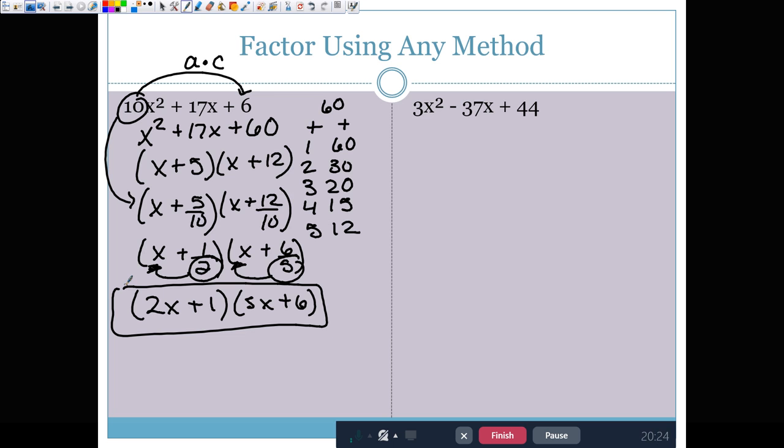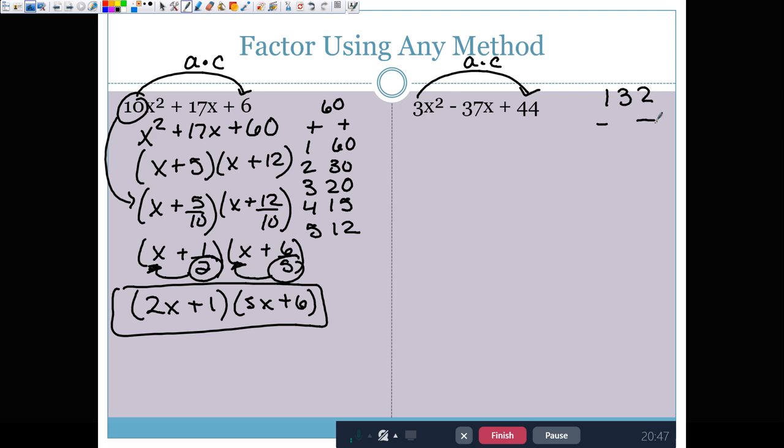Alright, which method would you guys like to use here? Box method? Alright, so we still have to multiply a times c, which would be 132. Then I need to find numbers that multiply together to equal 132 but add together to equal negative 37. So I have a negative and a negative, correct? Yes.